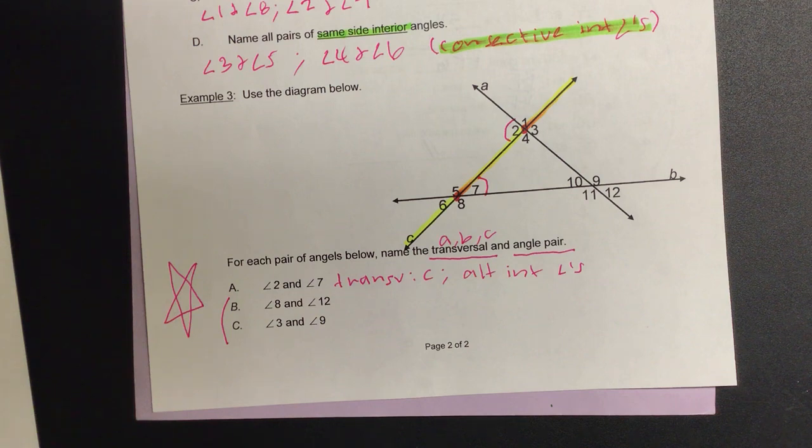So 8 and 12, they're transversal. Same side. Same side.